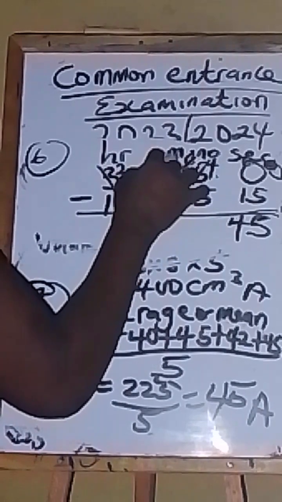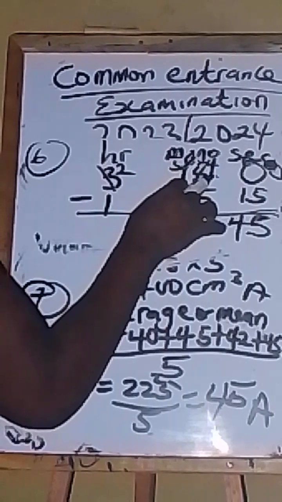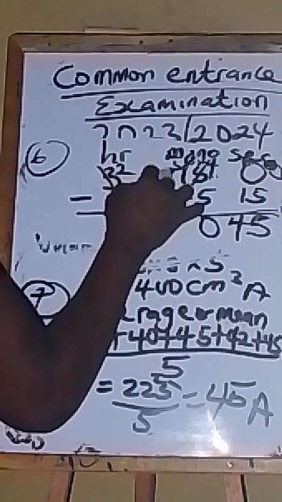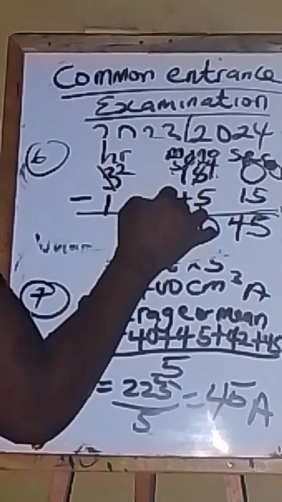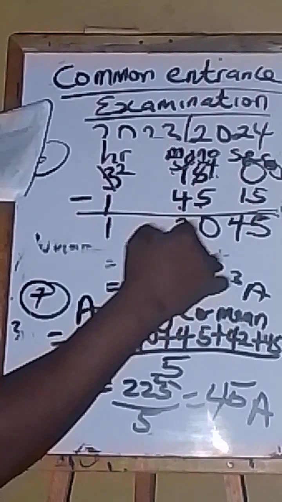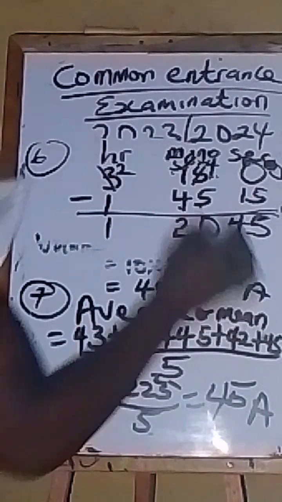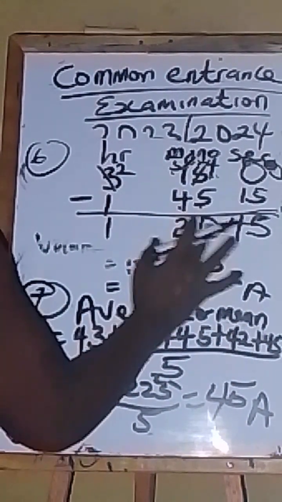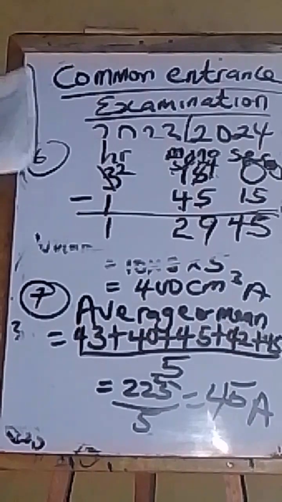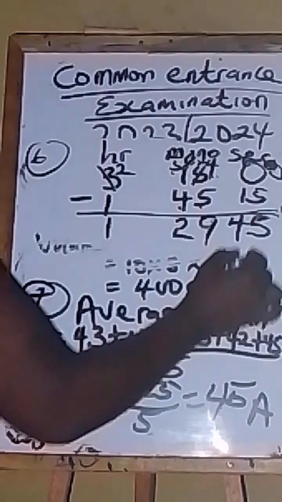So you borrow from here, this will be 5. We have 1. 1 plus 4, 5. 5 minus 5 is 0. So 5 plus 1, 6. 6 minus 4, 2. Then 1. So our answer is, sorry, 40 minus 5. This is 9. So we have 1 hour, 29 minutes, 45 seconds. E.